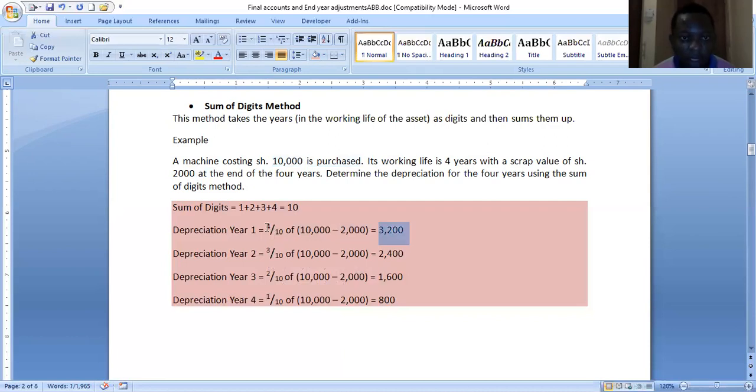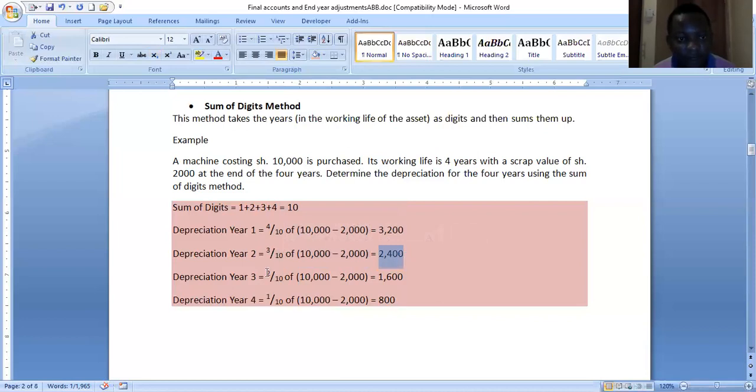So for year 1, it's 4 divided by 10 multiplied by, in brackets, 10,000 minus 2,000, which is 8,000. 8,000 times 4 divided by 10 will give us 3,200. For year 2, it's 3 divided by 10 multiplied by 10,000 minus 2,000, that is the cost minus the scrap, which will give us 2,400.